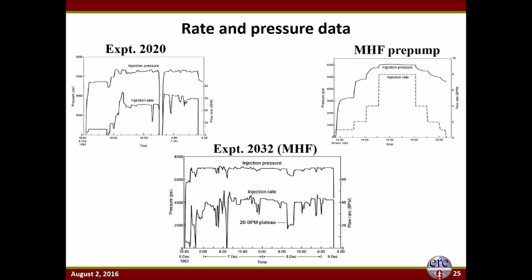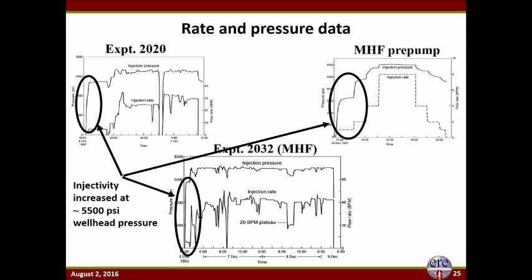We had access to the rate and pressure data from each of the stimulation treatments as well as the fluid circulation experiments. And one of the most interesting observations that we found while looking at this data was this consistent pattern of extremely low injectivity even at the lowest flow rates. That's characterized by these really sharp pressure increases over time.